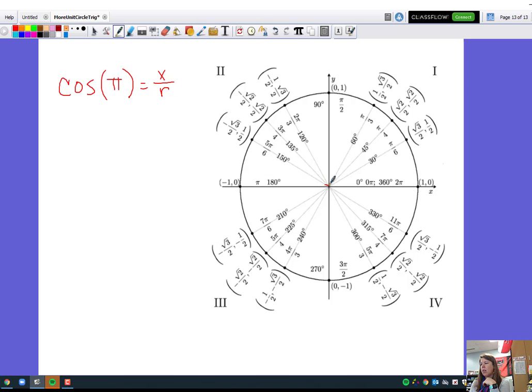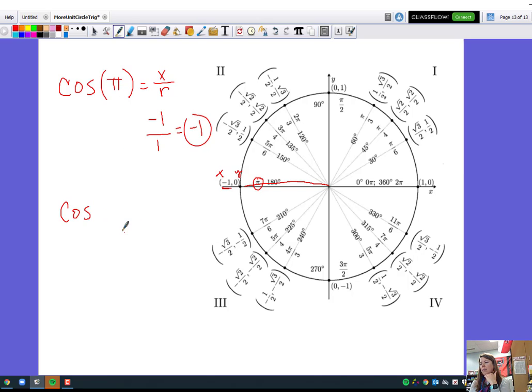Pi and 180 are in the same location, and this is the angle measure I'm looking for. It's still x comma y, and my x value here is negative 1. My radius, just like before, is 1, which doesn't change anything. So this answer is negative 1. All you're going to be doing today for sine and cosine is asking, what is the y value? What is the x value? It really is that simple today.